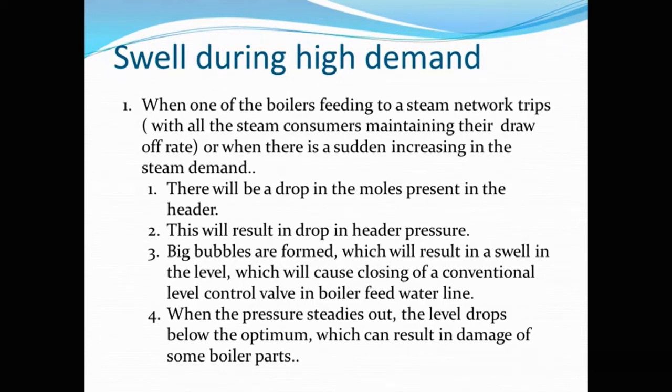So there is a sudden swelling of the water level because of aggressive boiling, and this will be wrongly sensed by the level controller, which will try to close the boiler feed water valve. The system regains the original situation after some time, and we find that the level in the drum has gone very low. This will result in major damage to some of the equipment.